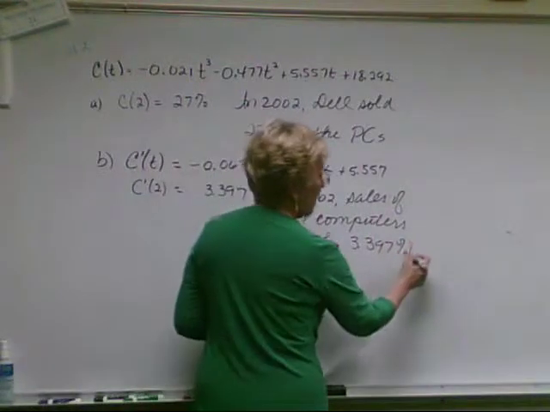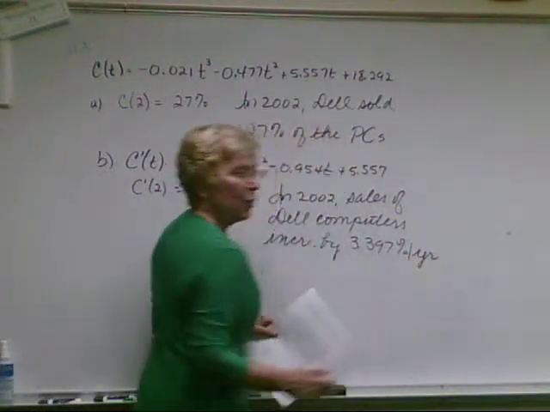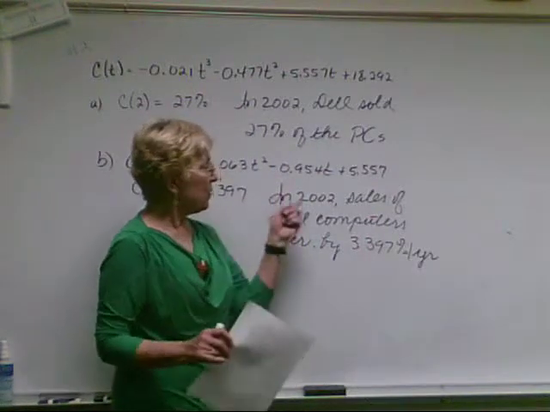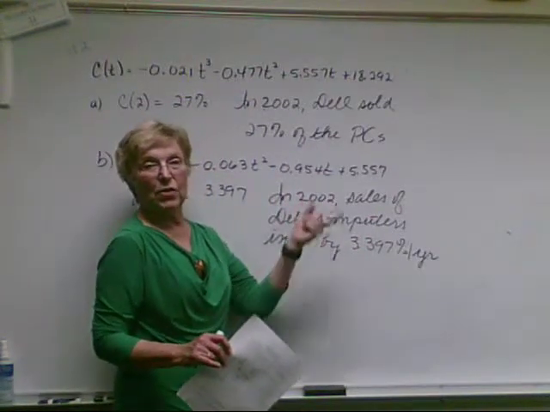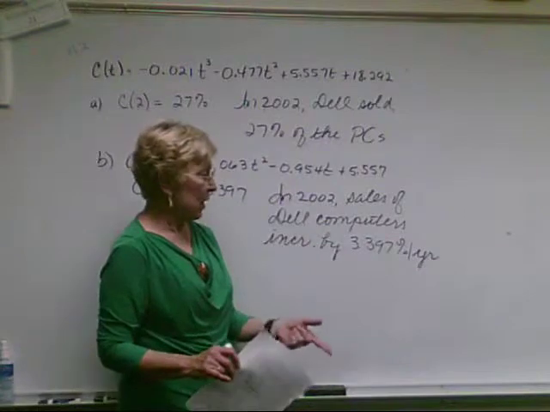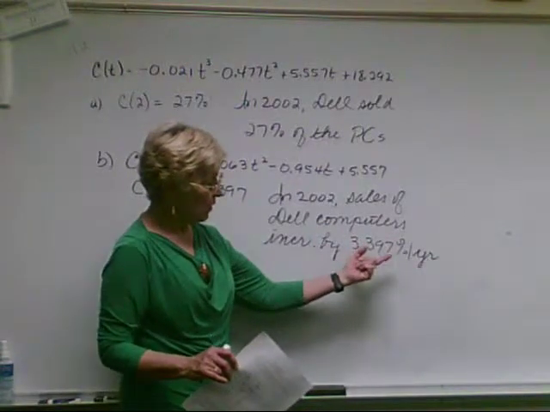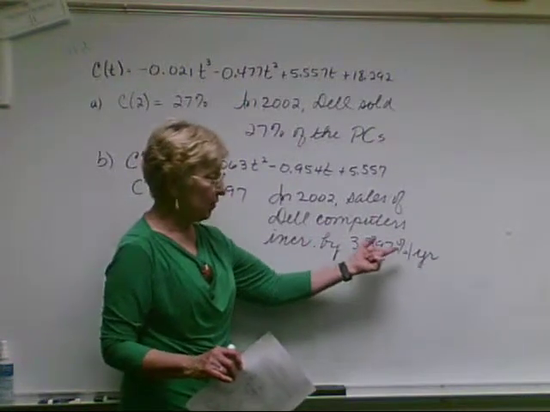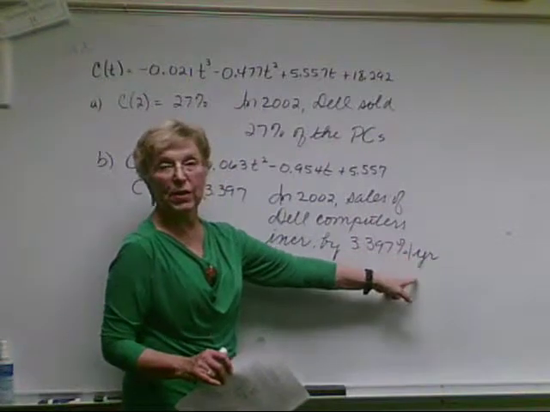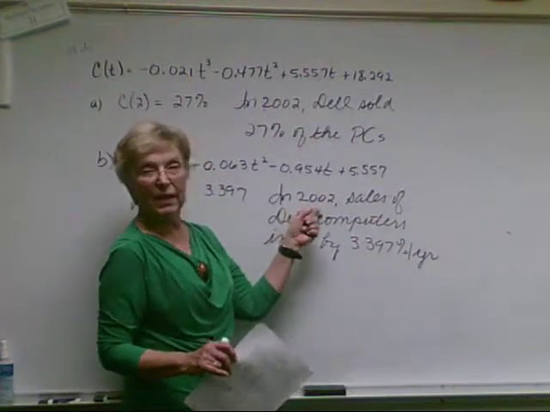And if there's no harm in adding per year, even though we've said it's in that year, derivatives are always rates of change. So the rate of change is 3.397% per year, but specifically in this year.